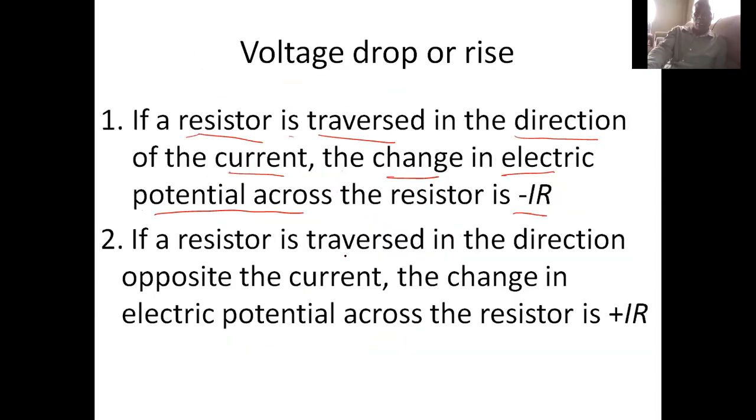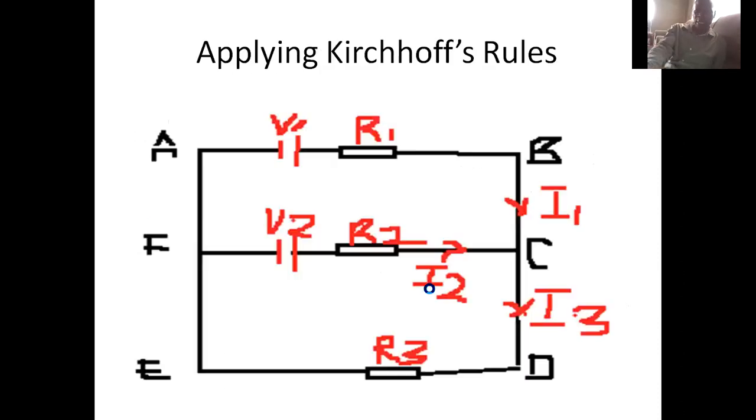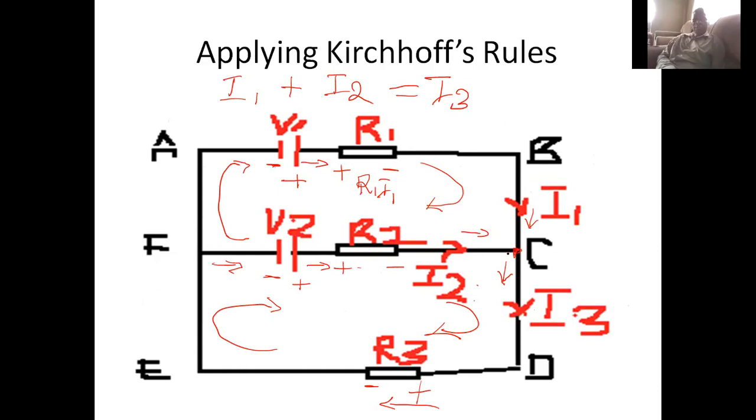Okay. So number 1, if the resistor is traversed in the direction of the current, the change in electric potential across the resistor is negative. If the current is flowing in the same direction as you are moving, so for example here we are traversing in the direction of the flow of current.